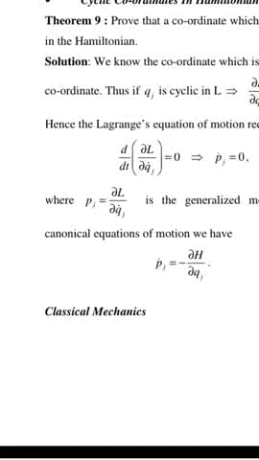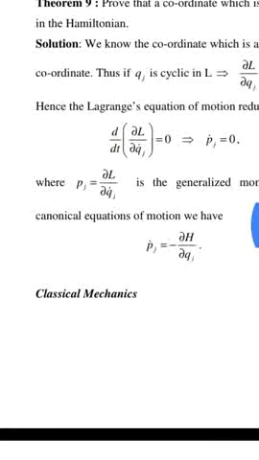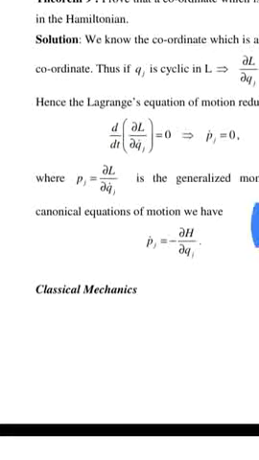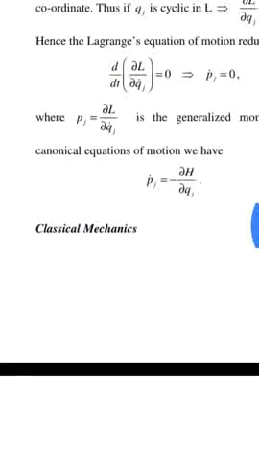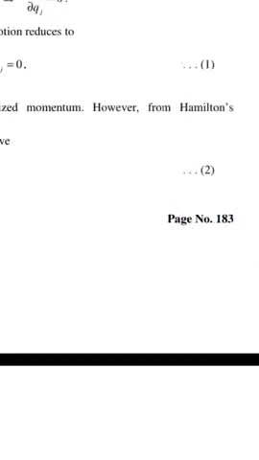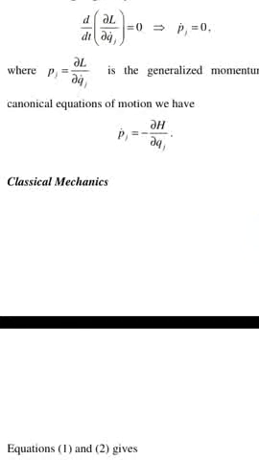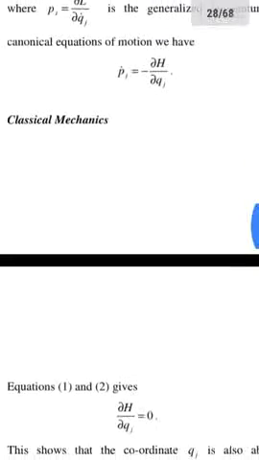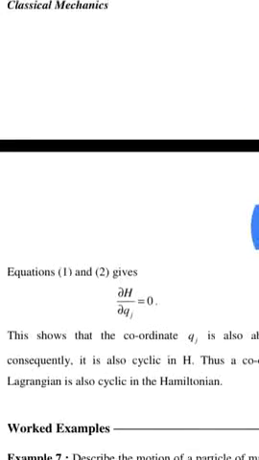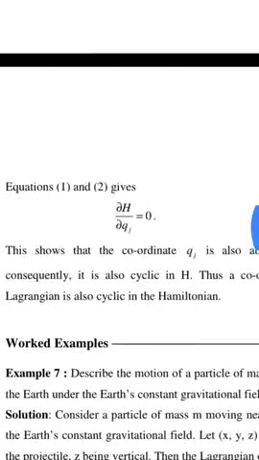Hence, the Lagrangian equation of motion reduces to d/dt of ∂L/∂Qj dot is equal to 0. Therefore, Pj dot is equal to 0, where Pj is equal to ∂L/∂Qj dot, the generalized momentum. However, from Hamilton's canonical equations of motion, we have Pj dot is equal to minus ∂H/∂Qj. Equations 1 and 2 give ∂H/∂Qj is equal to 0.